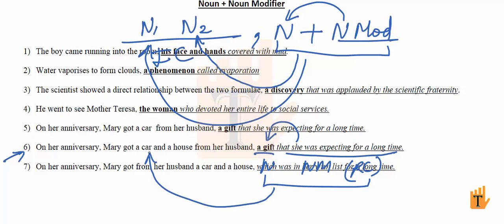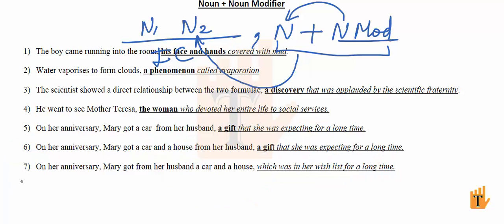There is a possibility that it could be used for the car or it could be used for the house also. So there is an ambiguity whether this modifier is used for car or house. So that's a problem. So such a sentence is not correct. So what could be the possible correction in this? Let's see the next sentence.